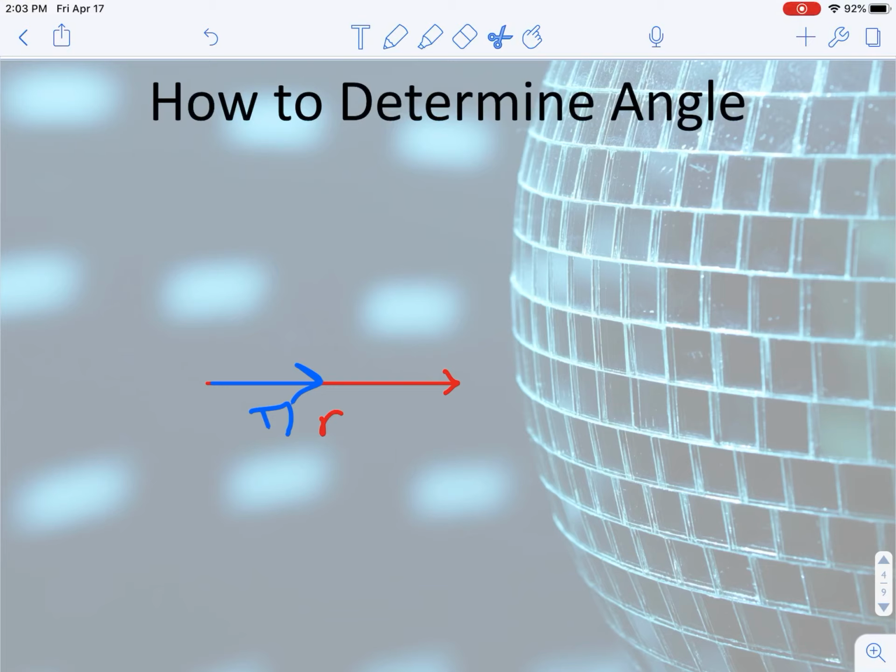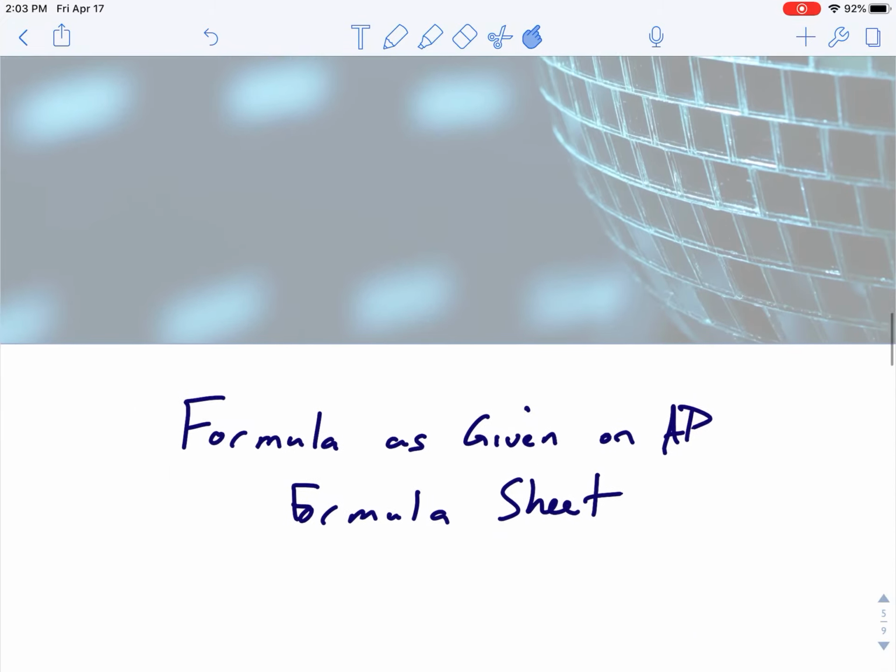So luckily, in most cases in AP Physics 1, the angle between R and F is going to be 90 degrees, and so you don't really need to worry about it too much, okay? But of course, there will be situations where sometimes they give you an angle between the two, and you need to be able to figure out where the angle is and determine how much torque you get when you don't have a 90-degree angle or a 0-degree angle between the two vectors.